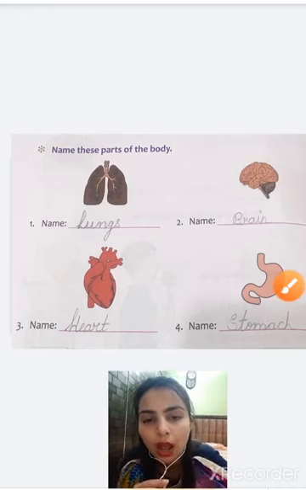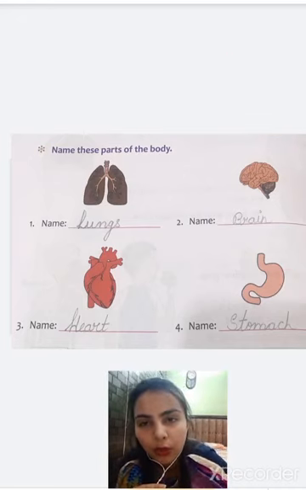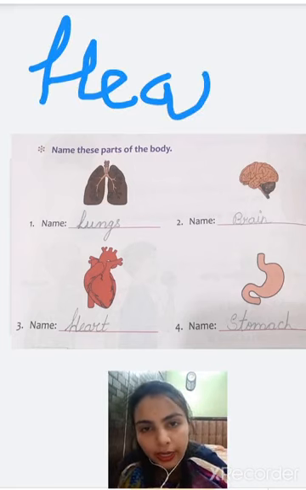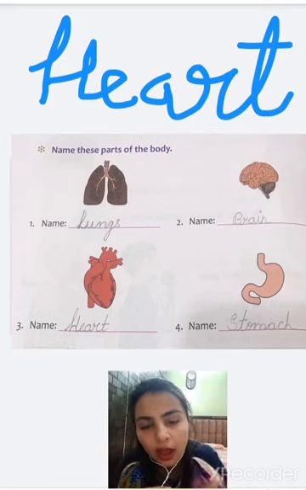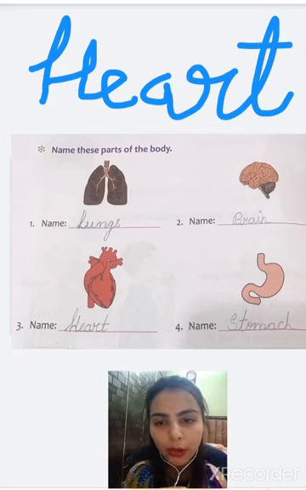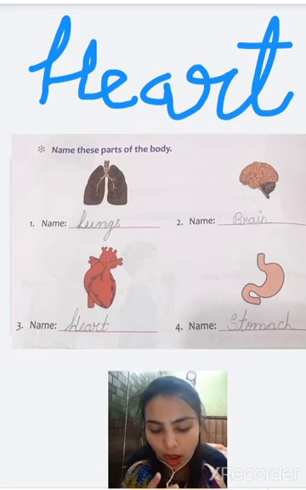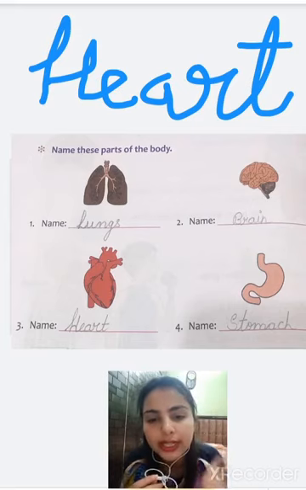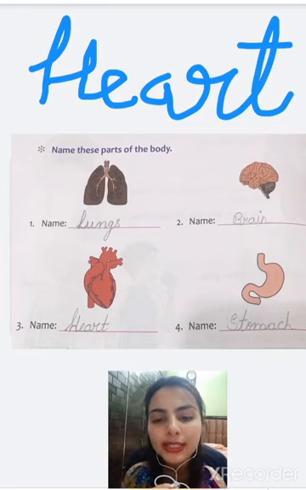Now the third one, what is it? It is heart. Write down the spelling of heart, H-E-A-R-T, in the third one. Last one, the fourth one, is stomach.